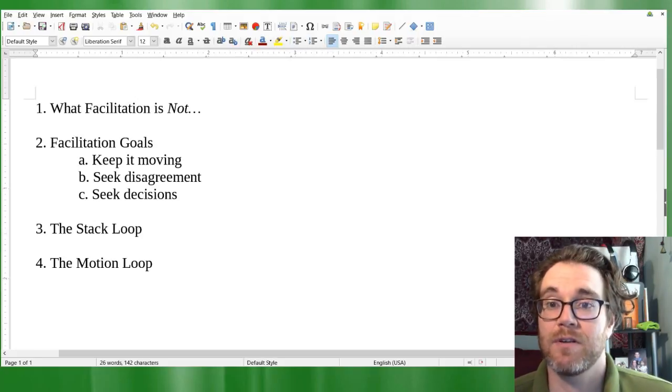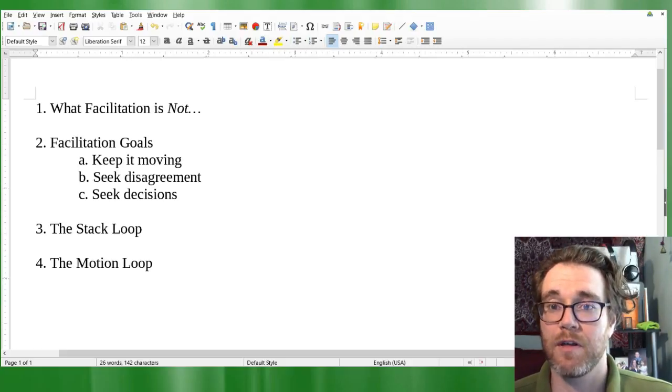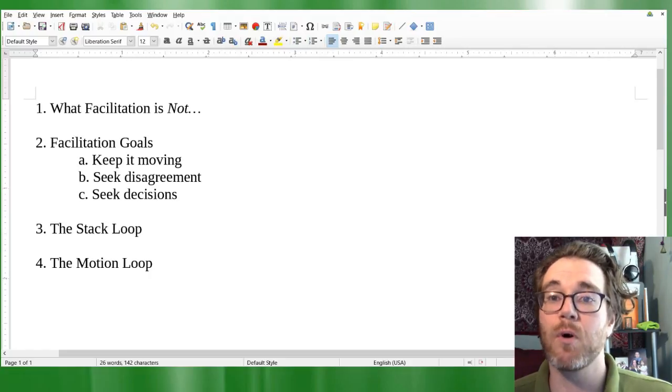Now, in left circles, we follow what's called a progressive stack, which is that we will order the stack such that historically marginalized identities and roles are put at the forefront of the conversation.